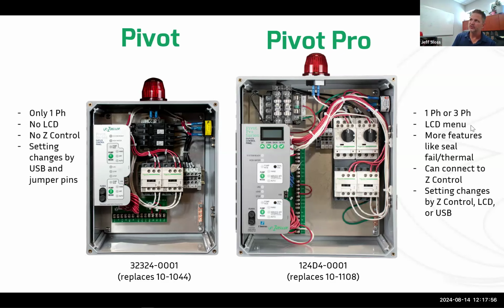The extra features on Pivot Pro are seal fail and thermal. On Pivot Pro, you can connect with a gateway to our Z-Control cloud, and the setting changes are much easier because you've got a menu, an LCD screen with 4 buttons that navigate you through a menu. It's very simple to change settings.